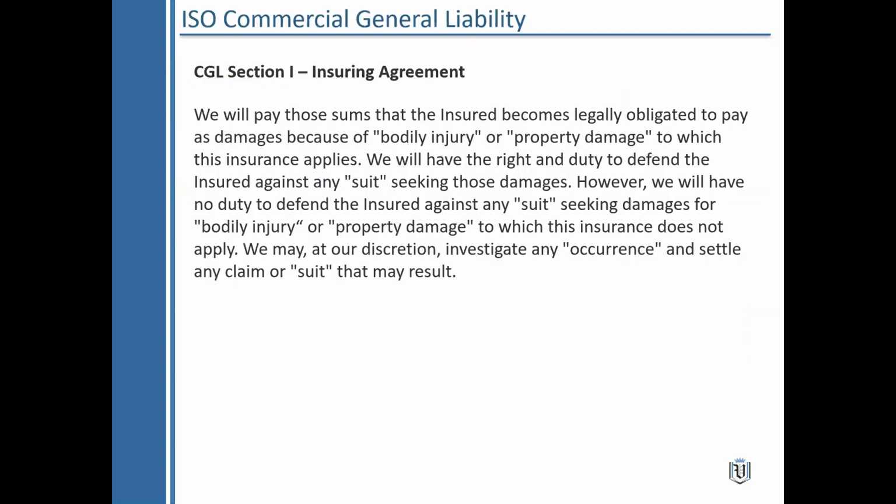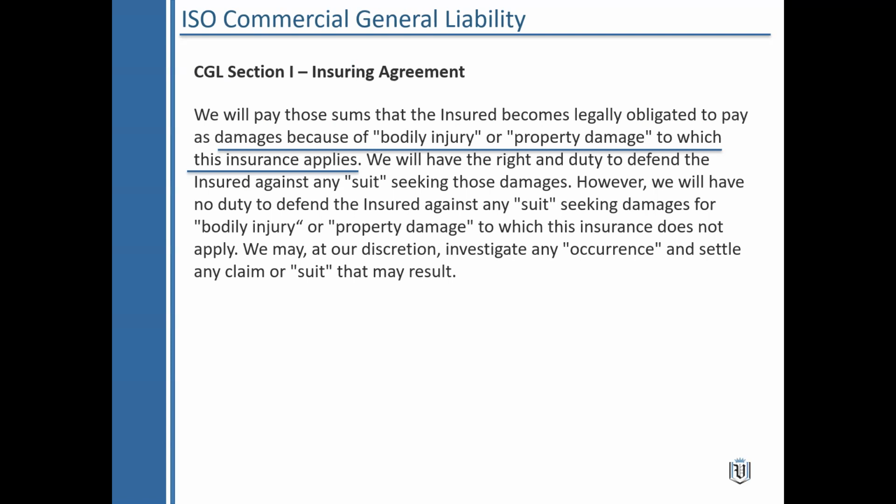I'm going to get a little insurance technical, but I'm going to try and keep it at a really high level. The insuring agreement is in the ISO commercial general liability language. This is standardized language in liability policies. It basically says the insurance company is going to be willing to pay those sums that you become legally obligated to pay because of damages for bodily injury and property damage to which this insurance applies.